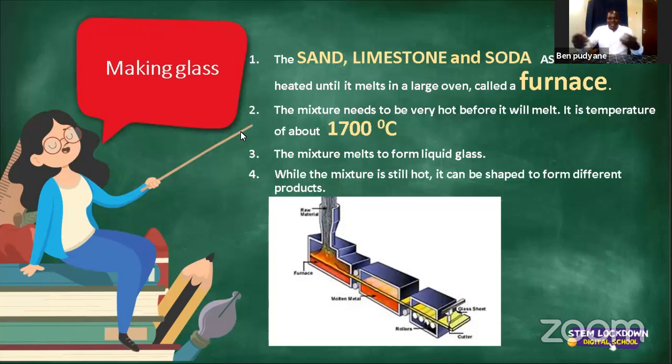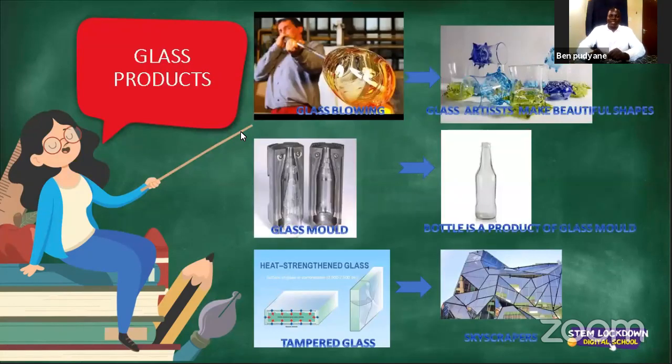Now, when I get to the next slide, as you can see, there are people who blow glass. We call them glass blowers. That is a typical way, as you can see, that person has put those three products together, then they melted, then he put the pipe in the oven or the kiln, then blows the liquid glass.